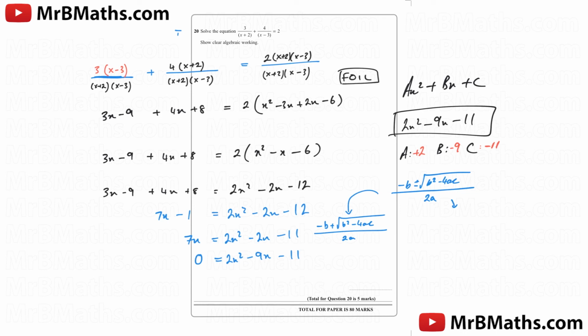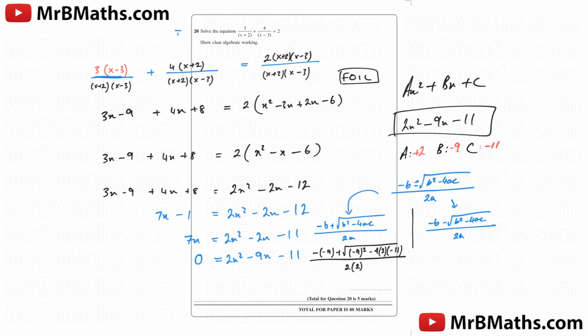And here a minus b minus the root of b squared minus 4ac all over 2a. That's very important. You do not forget to use the brackets here. So minus, then whatever b is, so it's negative 9, plus the root of negative 9 squared minus 4 times a times c. Again, do not forget the brackets. All over 2 times a, which is 2.